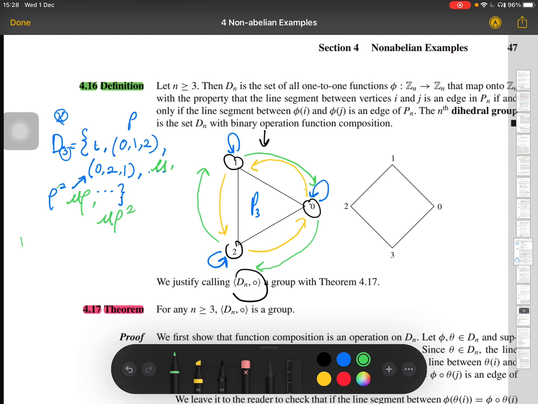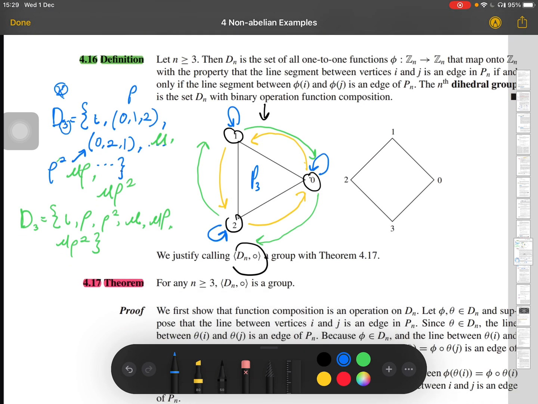So if I rewrite it carefully, I will get D3 equal to iota, rho, rho square, mu, mu rho, and then mu rho square. And then if you want to examine further, you know that rho is 0, 1, 2, and rho square is 0, 2, 1. You may want to know what mu is. So mu is again, just now, a reflection about the x-axis.